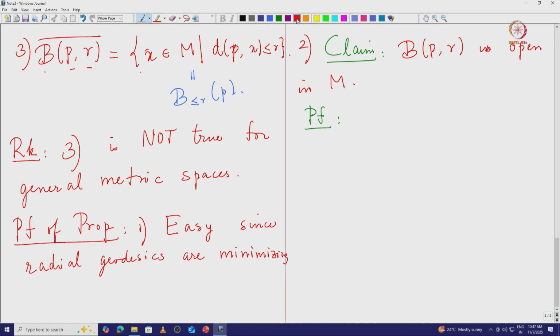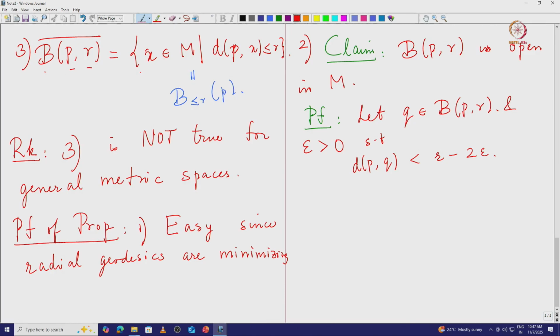What is the proof? Let Q be a point in this ball, and let epsilon be small enough such that the distance from P to Q is less than R minus 2 epsilon.